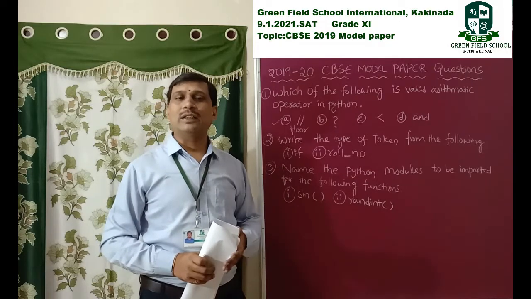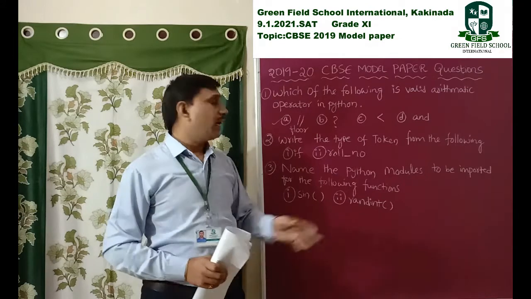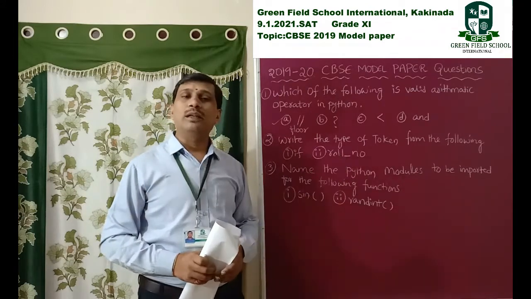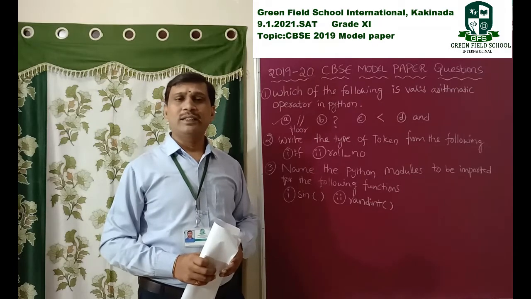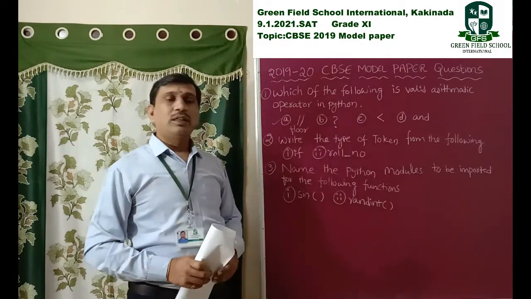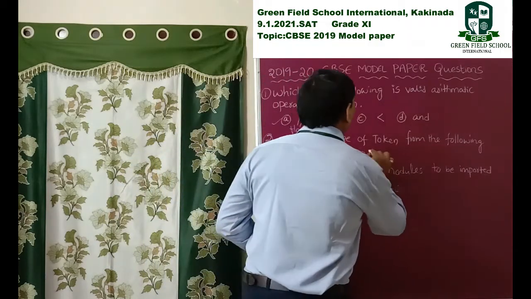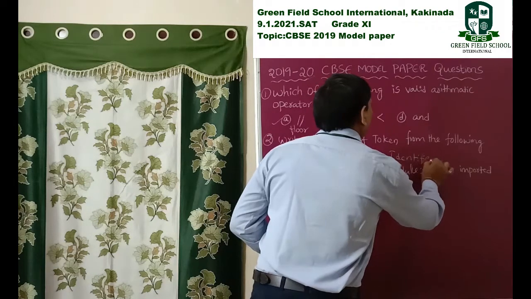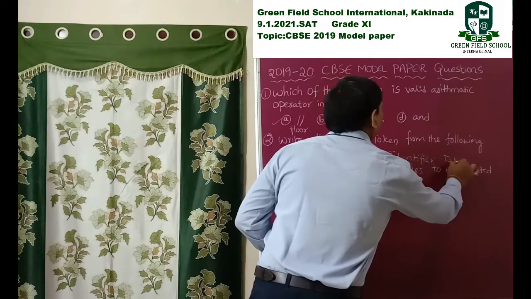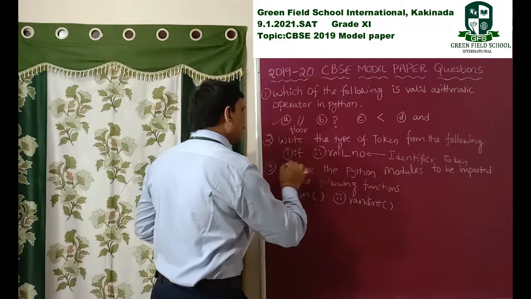The valid ones are small a to z, capital A to Z, 0 to 9 and the underscore symbol. These are valid for constructing identifier tokens. So this one is an identifier token. And this one is a reserved word.